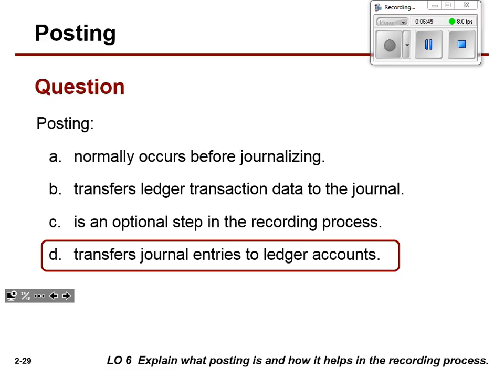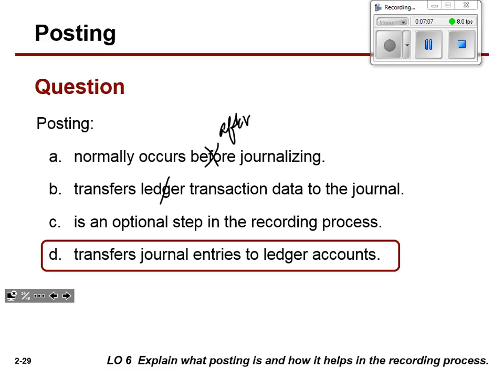Normally occurs before journalizing? No. After. And Carrie asked yesterday, should I do it one by one or should I do it all at the end? I compared it to doing laundry. Do you do a little bit of laundry every day or do you wait till weekends? Okay. Transfers ledger transaction data to the journal?